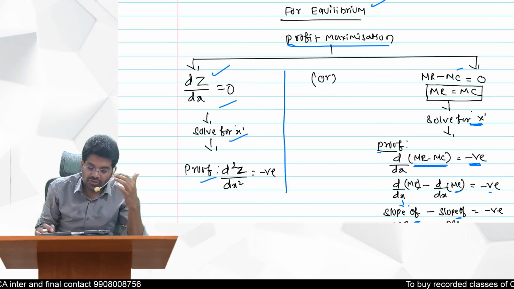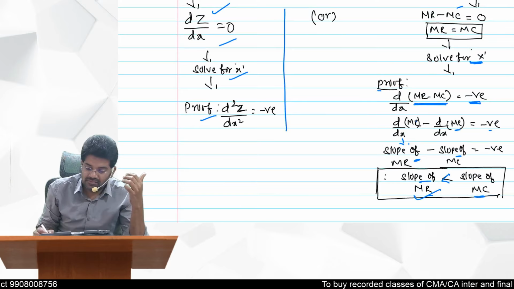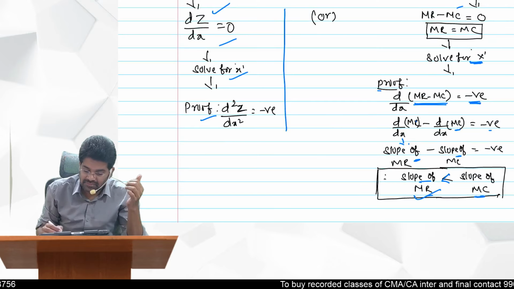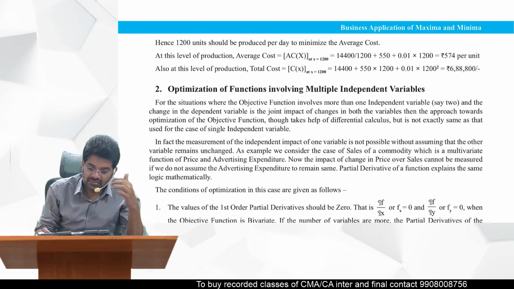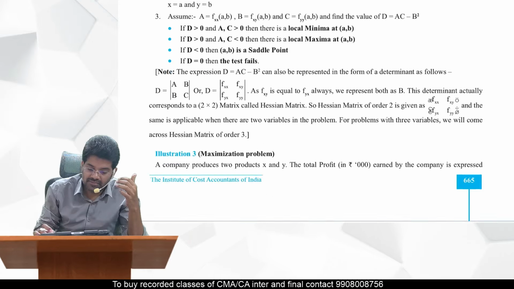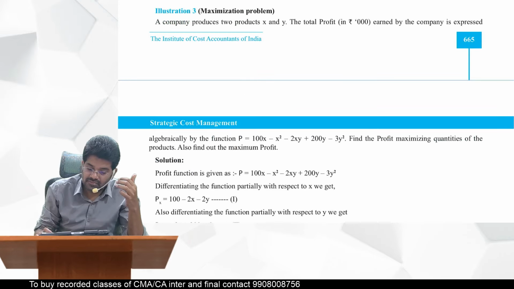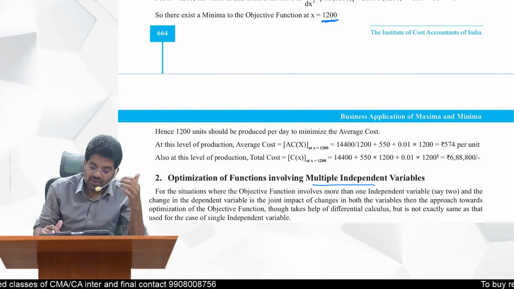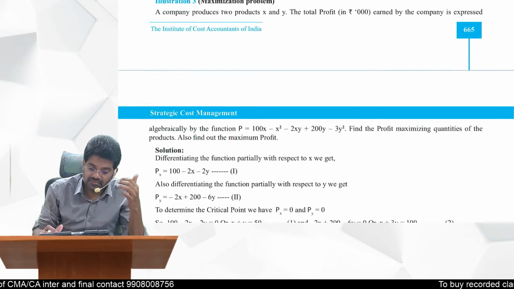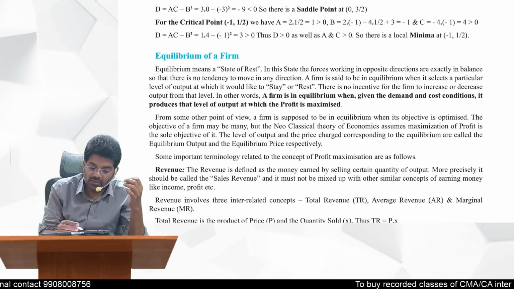Now let us do a question on this. These are the steps for this. Directly they have gone to multiple independent variables here. See here, equilibrium is given.